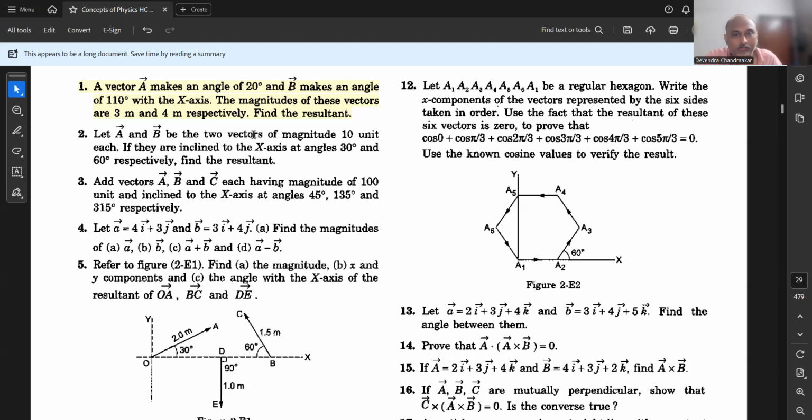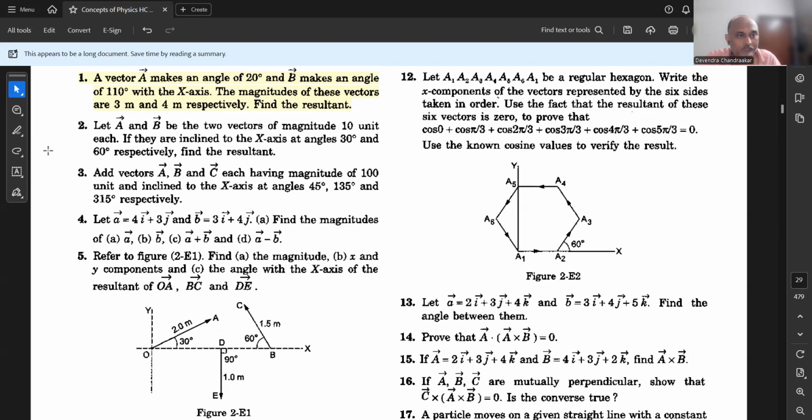So if you are done with this first question, do this one also. Fifth one. Do the fifth question also. Meanwhile, Harshita, you are able to solve or not?